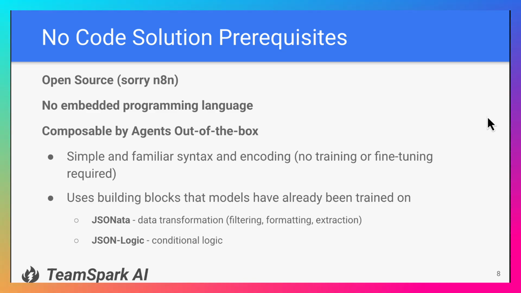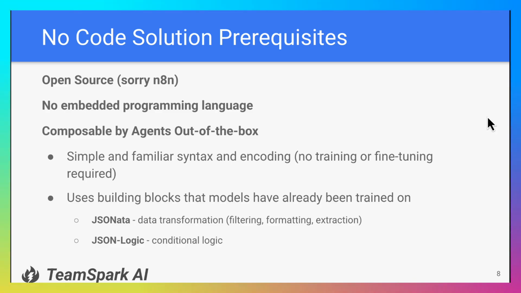So it has to be a system that doesn't have a programming language that you can jailbreak into. And it needs to be something, as I said before, that's composable by agents out of the box. That's something with a simple and familiar syntax and encoding, so we don't need to train or fine-tune any models to understand how to build these things, and that uses building blocks that models have already been trained on. One example is JSONata, a data transformation language that does filtering, formatting, extraction, and a bunch of other stuff.